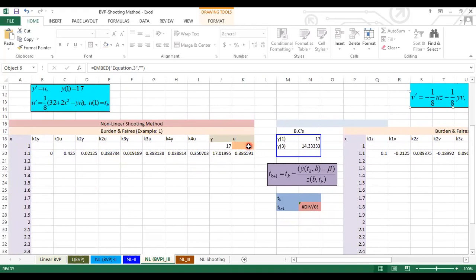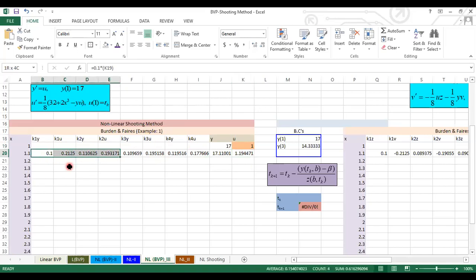So for example, I take a guess value, and let's take a value equal to 1, and with this value you have to solve this problem with the RK4 method. We have to have k calculations. So this line is very important, how it should be written. These calculations should be performed very carefully.